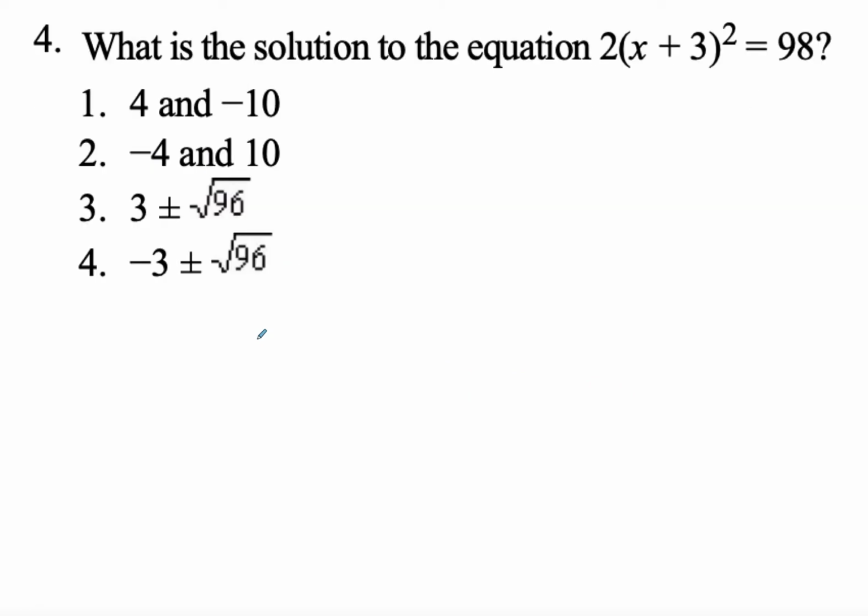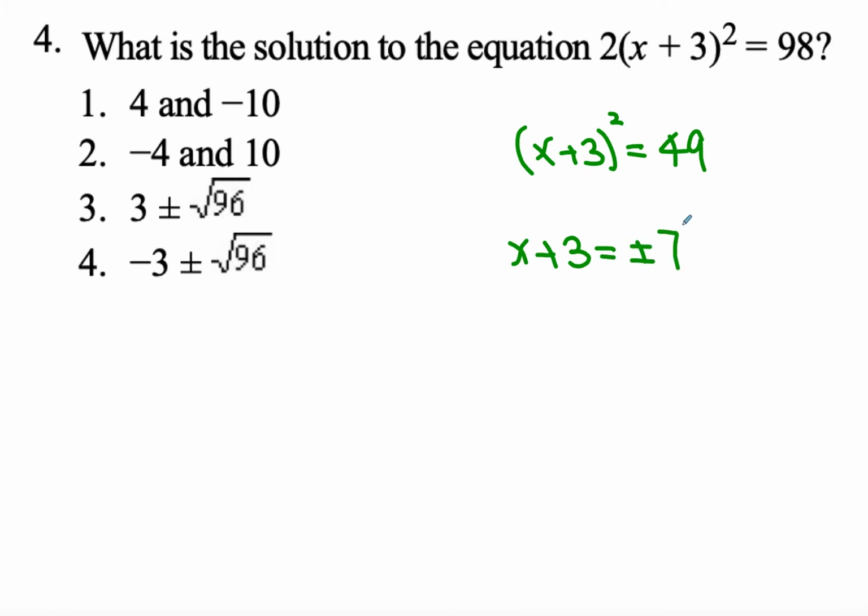All right, let's look at number 4. In this case, things are already squared. How am I going to find the value of x? First, I'm going to divide by 2. So we get (x plus 3) squared is equal to, that's right, 49. When I get rid of the square by taking the square root of each side, x plus 3 becomes plus or minus 7.